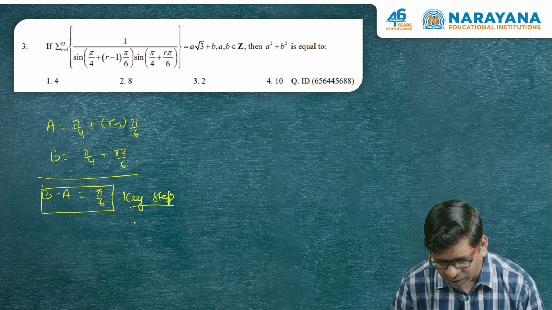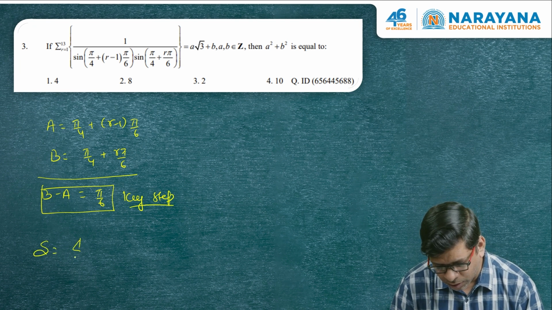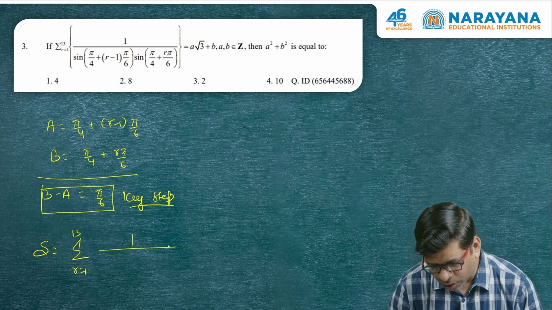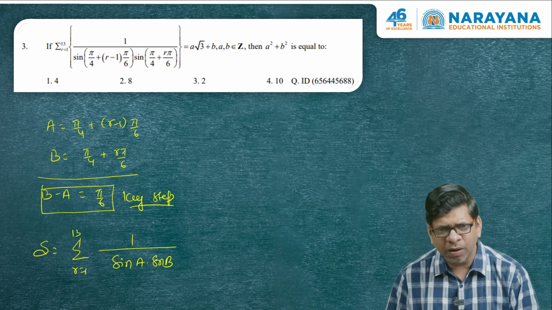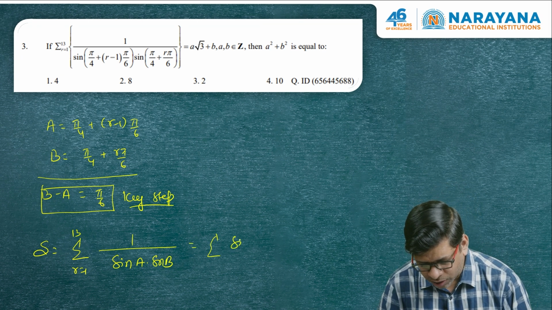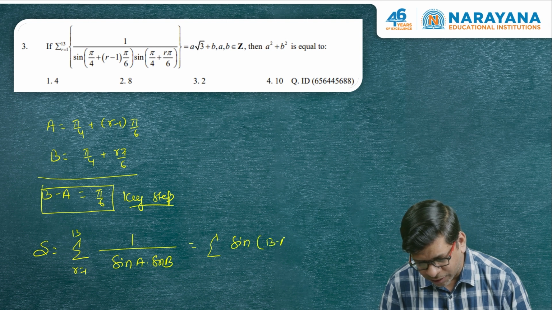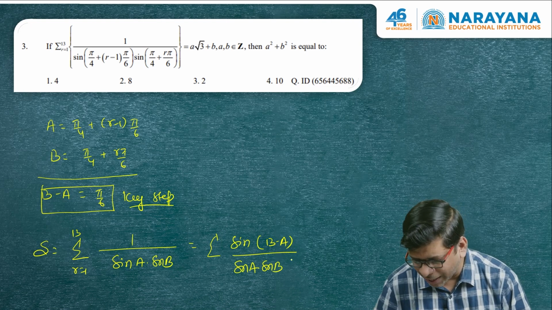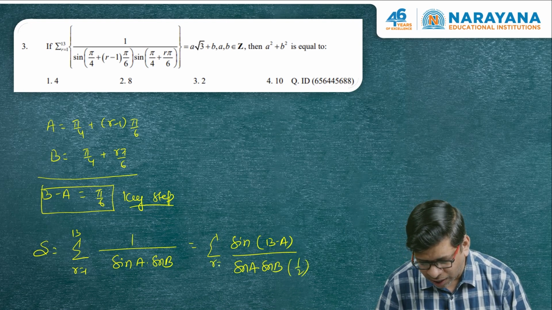So the given summation can be written as sum r from 1 to 13, 1 upon sine A sine B. A and B are what I have assumed here. As the difference of angles is constant, I can write it as sine of B minus A divided by sine A into sine B, and B minus A is pi by 6, sine pi by 6 is 1 by 2, r from 1 to 13.